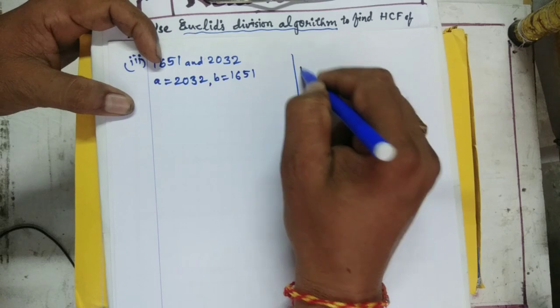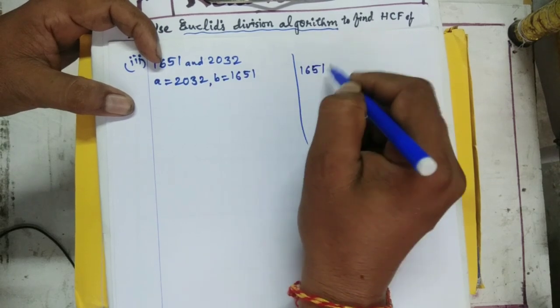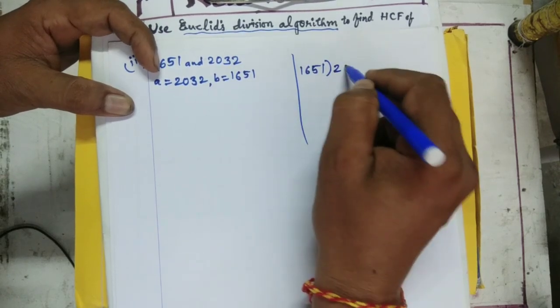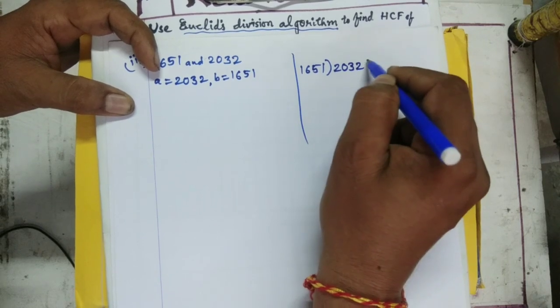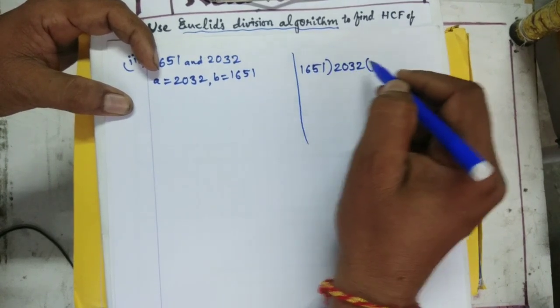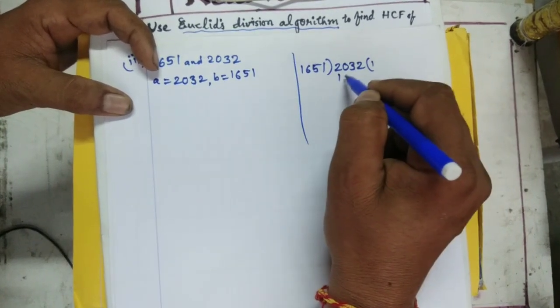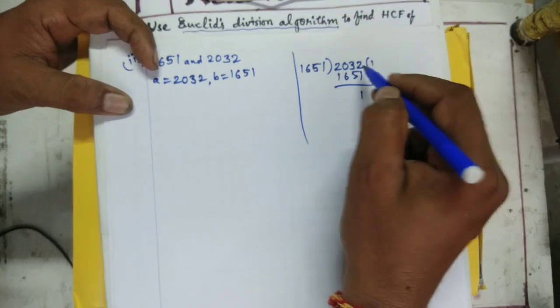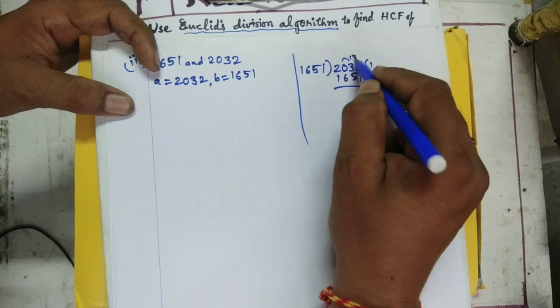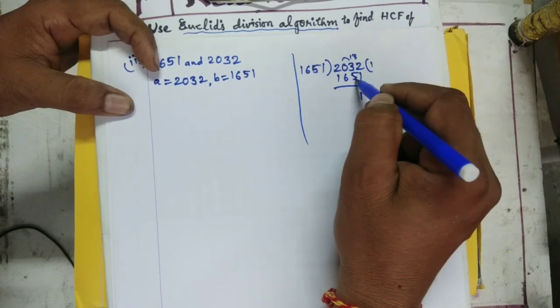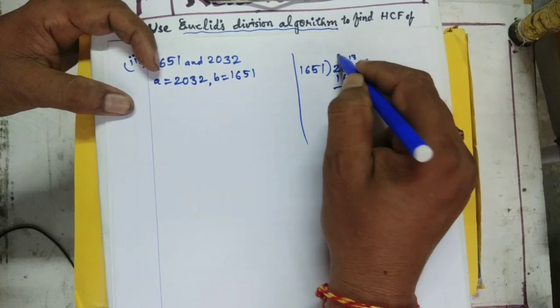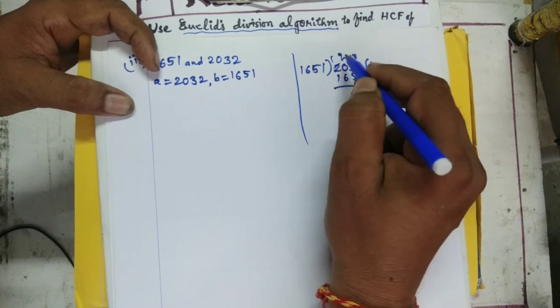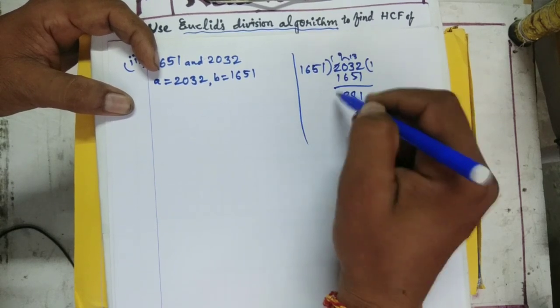So with 1651 we have to divide 2032. 1651 ones are 1651. 13 minus 5, 8. 9 minus 6, 3. 0.